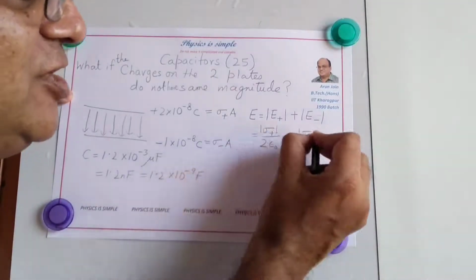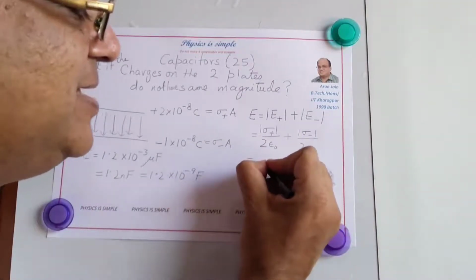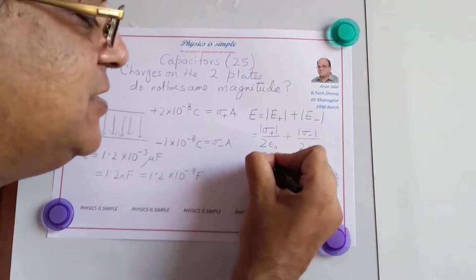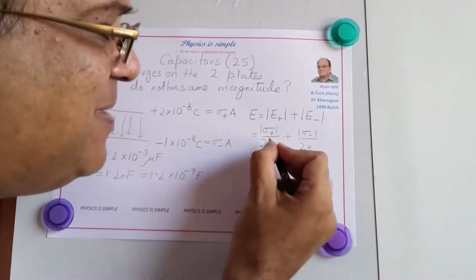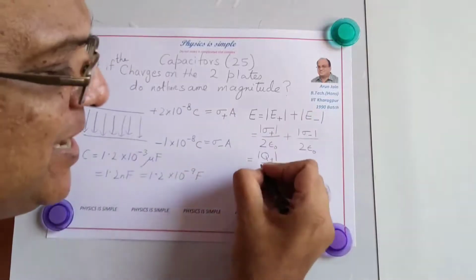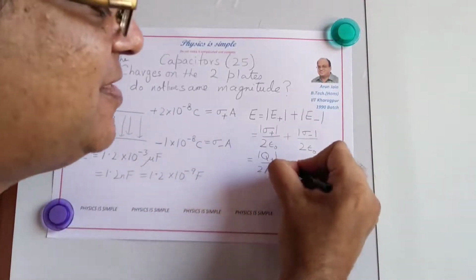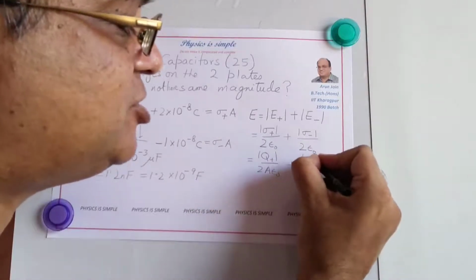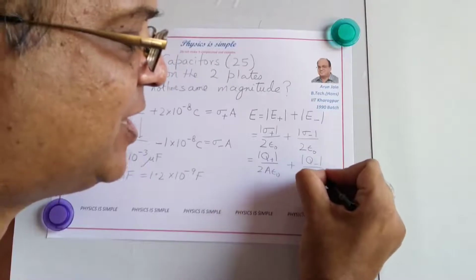So this is charge per unit area. So this will become Q on the plus plate, magnitude of Q, divided by area, because sigma is charge per unit area, so we get 2A epsilon naught, plus the magnitude of the minus charge by 2A epsilon naught again.